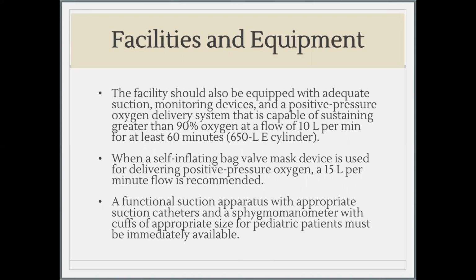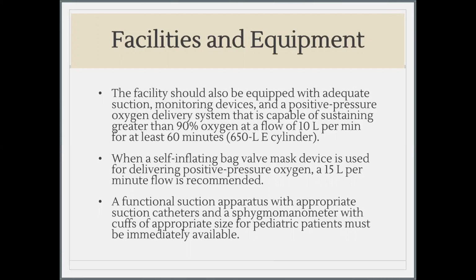Facilities and equipment. The facility should be equipped with adequate suction, monitoring devices, and a positive pressure oxygen delivery system capable of sustaining greater than 90% oxygen at a flow rate of 10 liters per minute for at least 60 minutes. One 650-liter E-cylinder must be available.